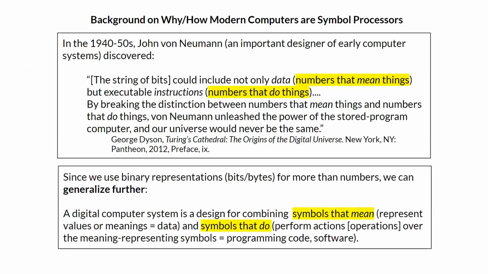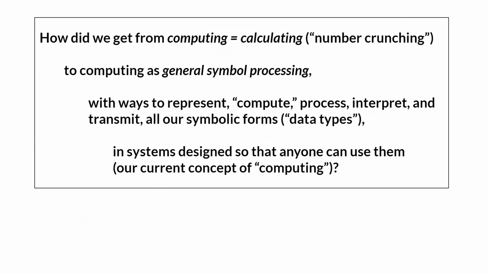Well, we can generalize further over this concept of numbers that do things and numbers that mean things, and talk about a digital computer system as a design for combining symbols that mean, that is, represent values or meanings, which we call data, and symbols that do, symbols that perform actions over the meaning-representing symbols, that is, programming code and software.